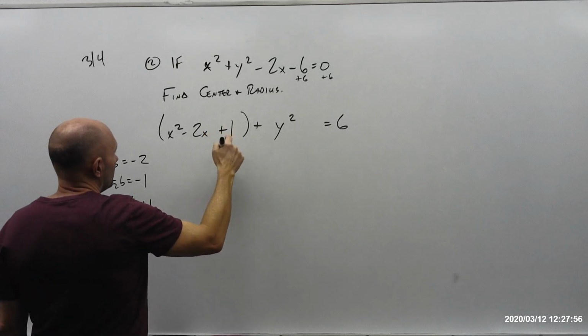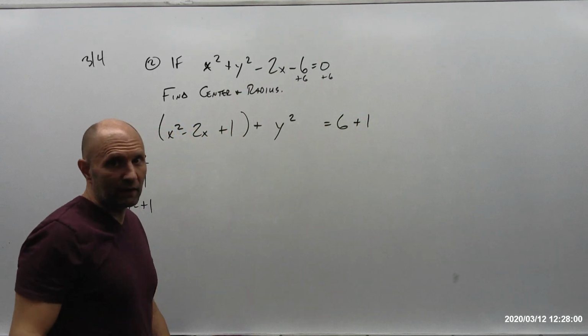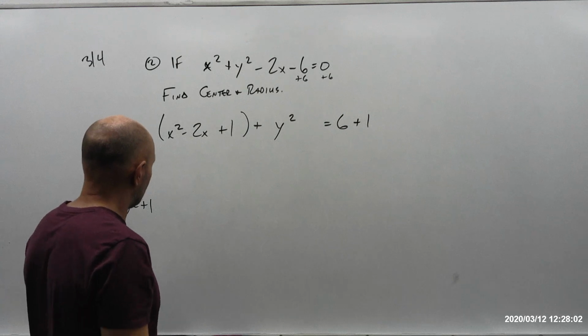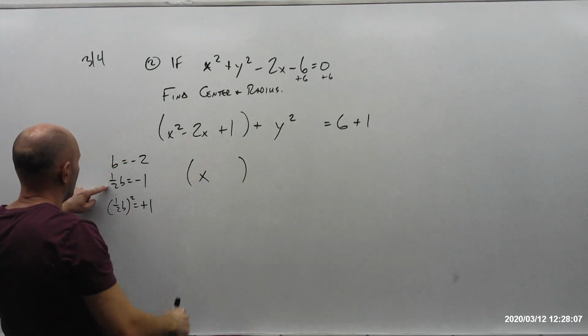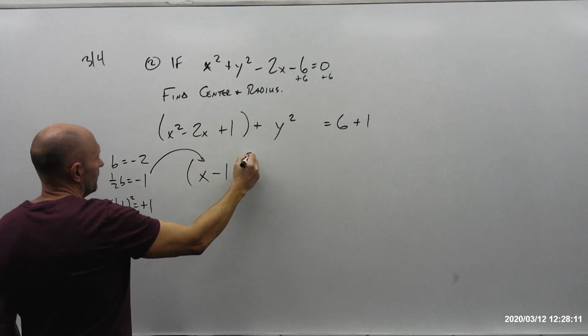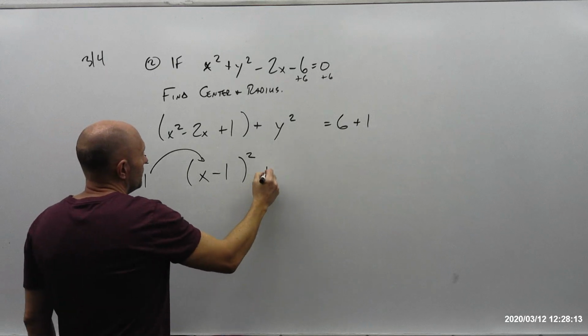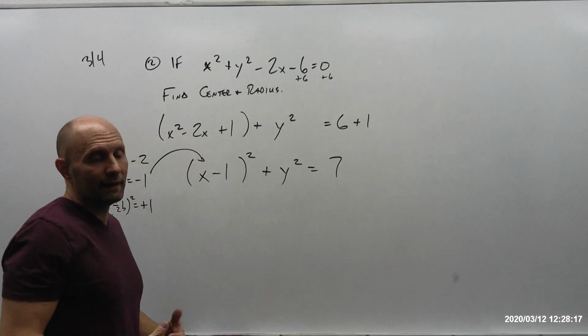I'm going to add 1 inside the parentheses, which means I also have to add 1 on the other side. Keep this thing in balance. So this factors into what? x, and whatever my half of b was, that should be the value that goes in there. So x minus 1 squared plus y squared is 7. And now this is standard form.